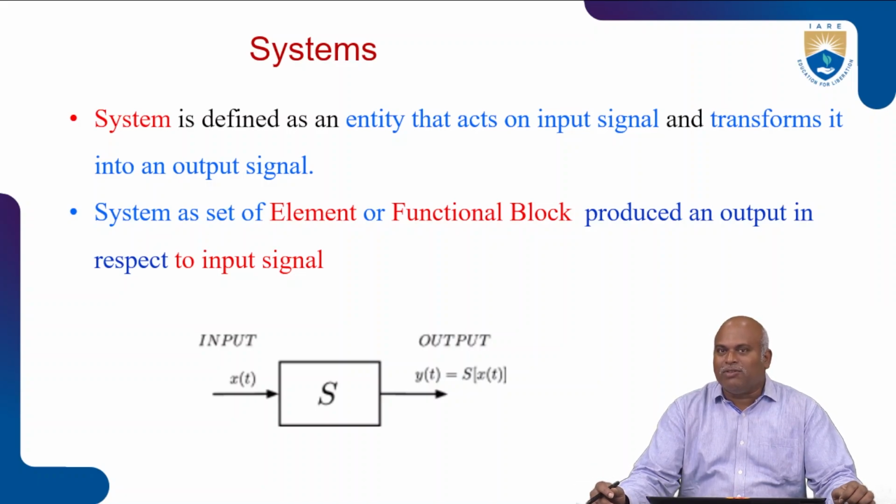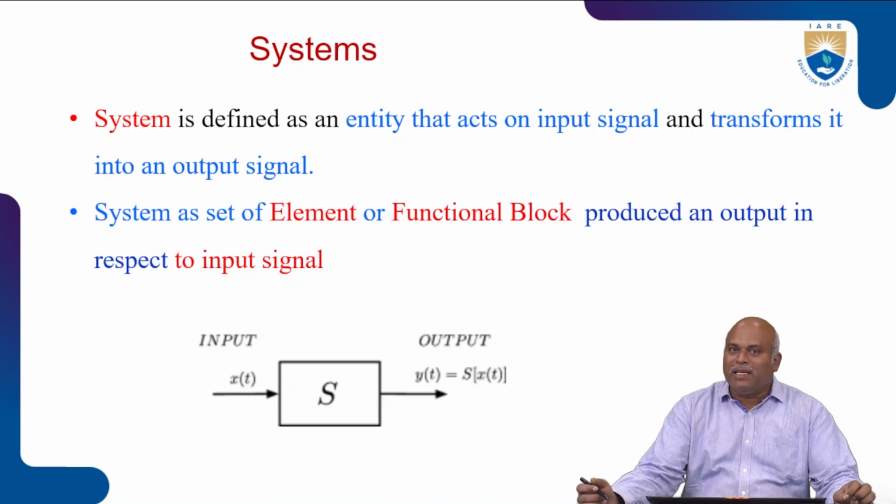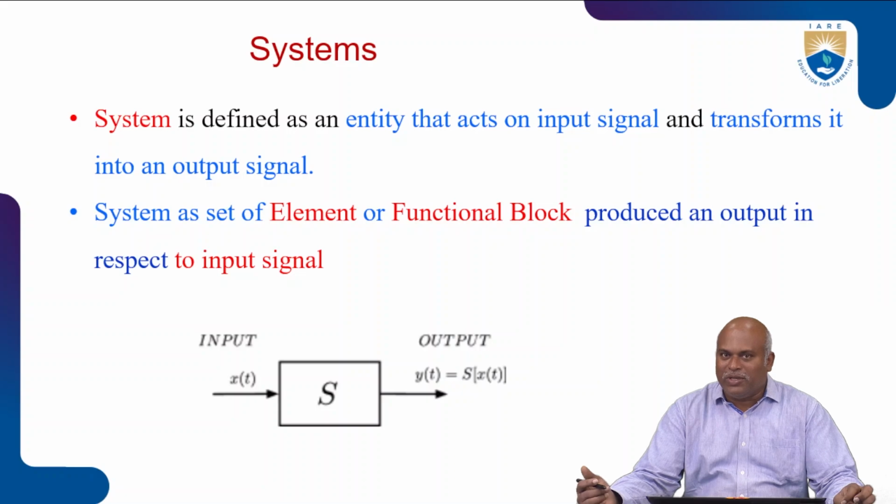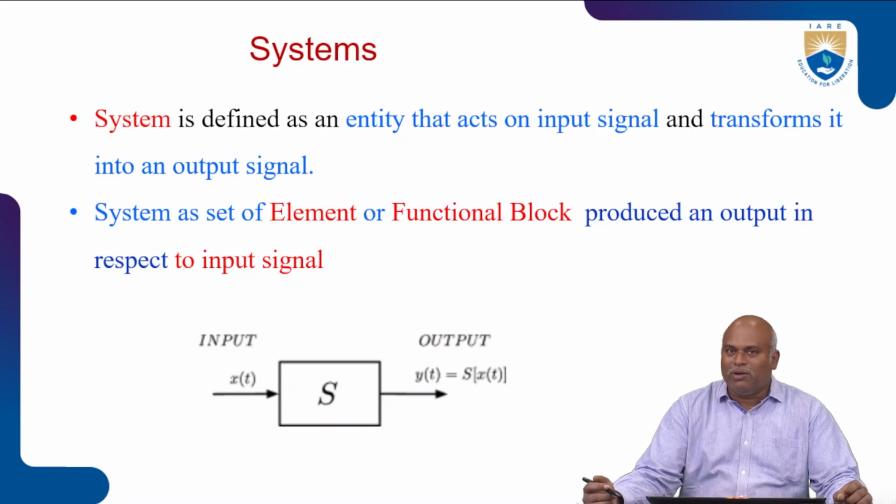Those devices combine together to make a function block, which is represented as a system. It takes the input and produces the output based on the kind of input we give.